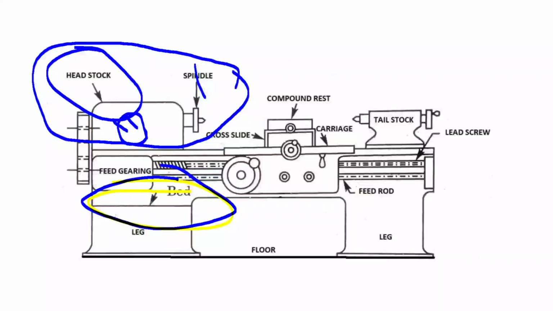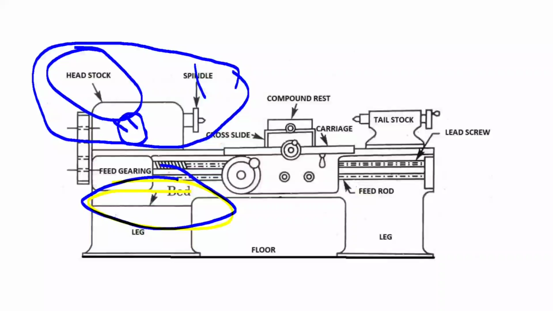Is it clear? Now the headstock is mounted on the inner base at the left hand side of the lathe bed. This is the diagrammatic representation of the lathe machine. It is given here where the headstock is located: in the left direction, at the left hand end of the lathe bed.